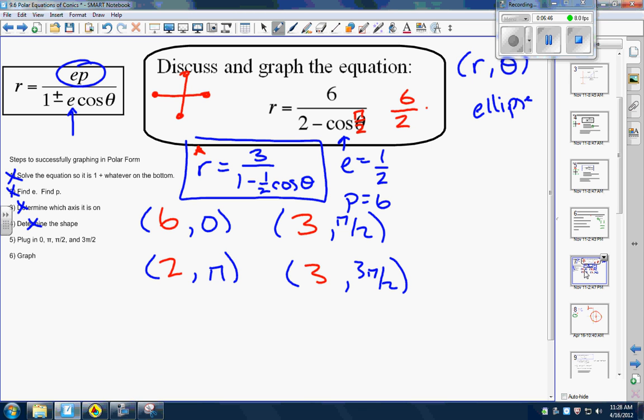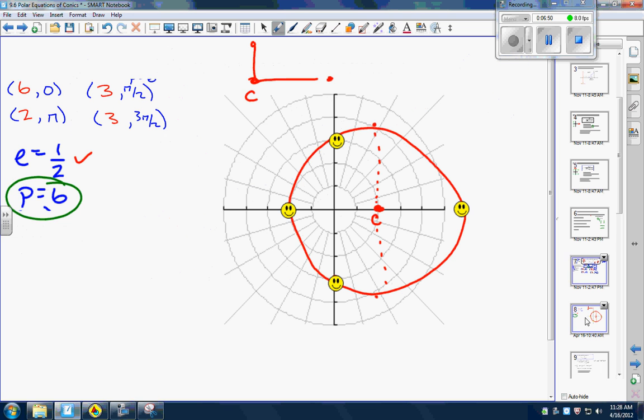It is a 1 minus 1/2 here, so that tells us it's going to come back the other way. So that's going to give us our directrix at 6 back this way, perpendicular to the x-axis. Now in this case we don't really need to graph it because it's an ellipse and we haven't used them before, so we're not going to use them now, but just so you know that that's where that guy comes in. Okay, we're going to bring this over to part 3 and do one more example.